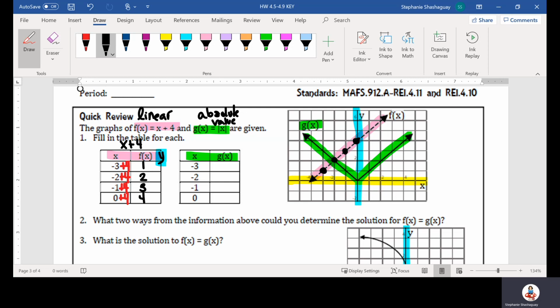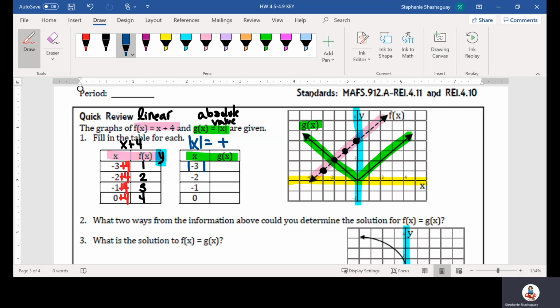All right, now let's look at our g of x function. For our g of x function, we have the absolute value of x. And remember, the absolute value is always going to be a positive number because we're talking about distance from 0. The absolute value of a number is the distance from 0.